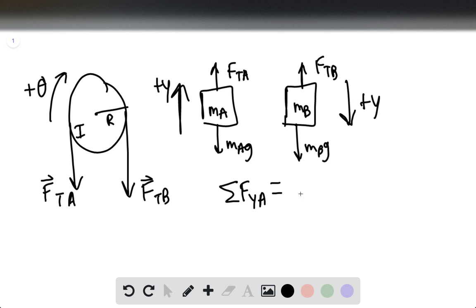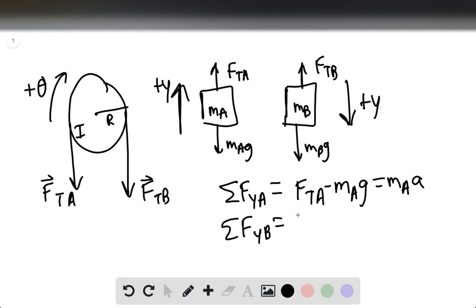So we can find the sum of forces in the y direction for block A, which will equal the force tension of A minus the weight due to gravity, and this will equal the mass of A times the acceleration of the system. Sigma F of YB will equal the force tension associated with block B minus MBG, equaling MBA, the acceleration of the system once again.